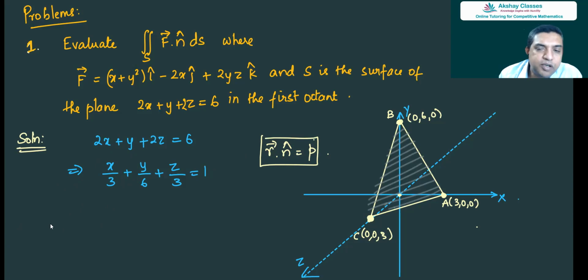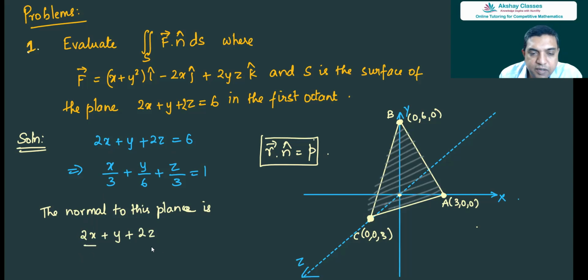So how can you find the normal to this plane? You use the direction cosines, you divide throughout by the square root of 2 square plus 1 square plus 2 square, the coefficients, on both sides.